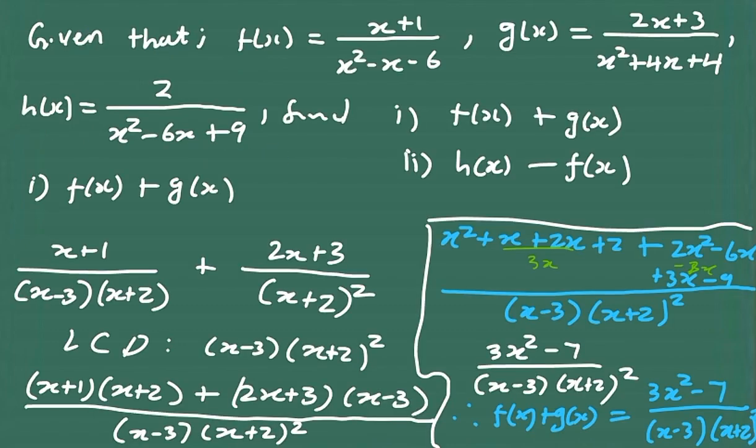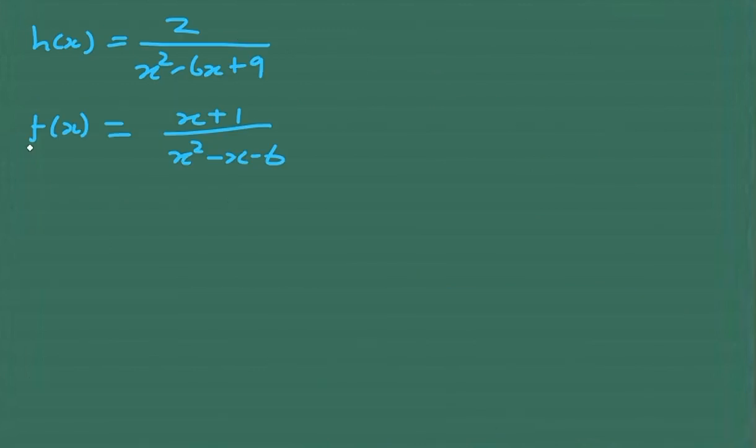Let's verify. So x plus 1 all over x squared minus x minus 6, h of x is 2 all over x squared minus 6x plus 9. Okay, so we are going to simplify h of x minus f of x.